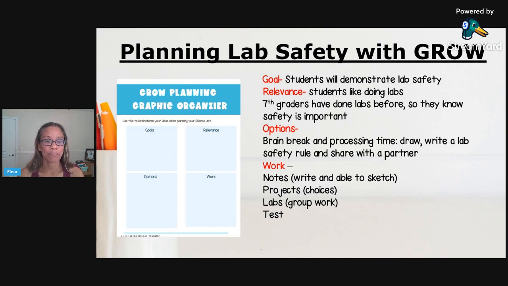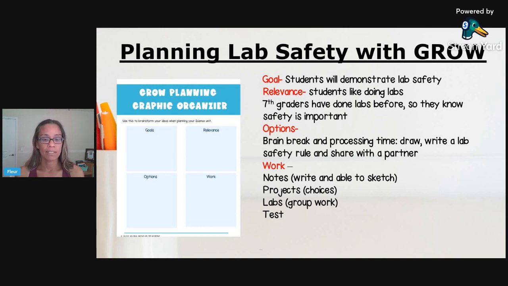Our goal: we want students to demonstrate lab safety. Relevance and connections. Well, for labs, students really like doing labs. They get really excited, so they want to follow the lab safety rules so they can participate. Connection, 7th graders. I teach 7th grade, but they've done labs before, so they know how important safety is.